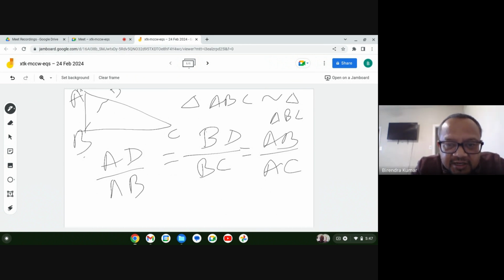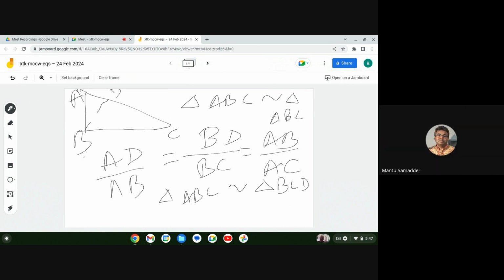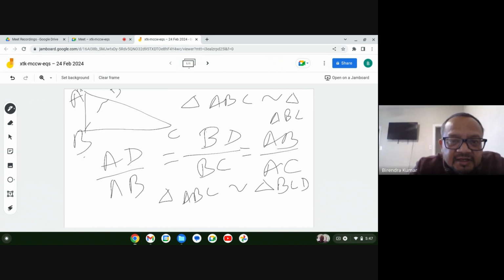Now look at the second triangle. ABC and a similar triangle, the second child triangle is BCD. Here also look at the matching angles. This angle is common in both the triangles, right? So the side opposite to that in the small triangle will be BD divided by the same side, which will be AB.